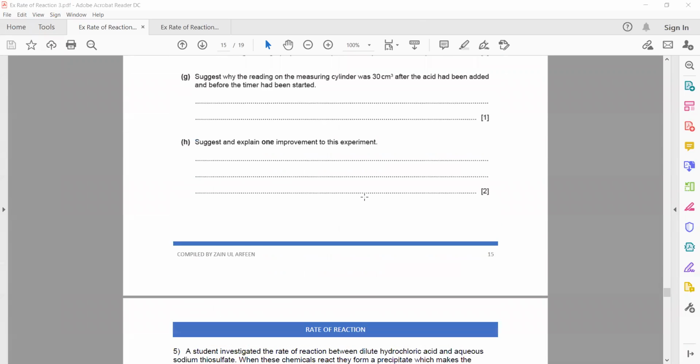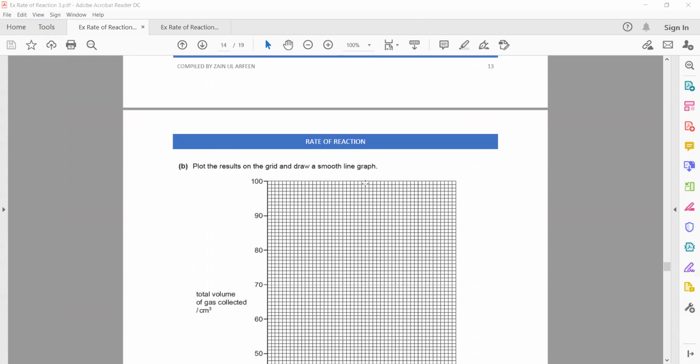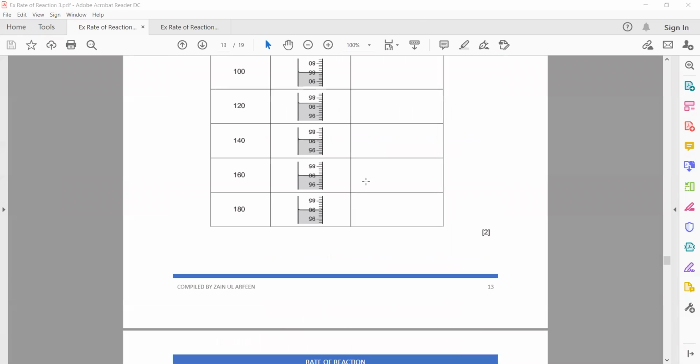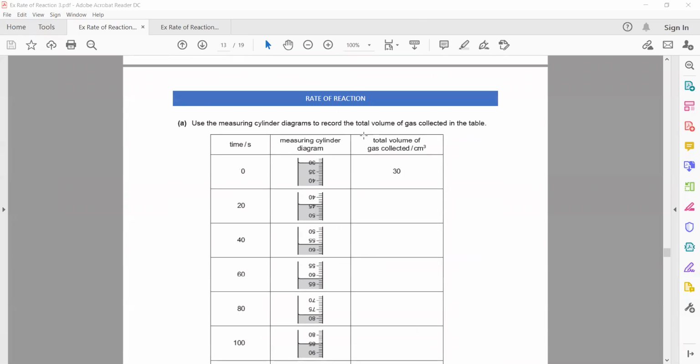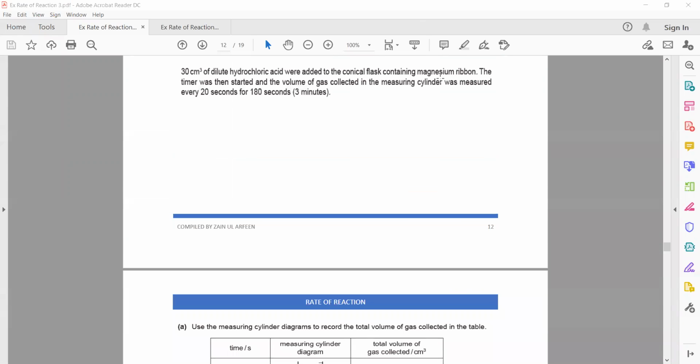Why are the readings upside down if it's a measuring cylinder? It is an inverted measuring cylinder. For example, if you have a measuring cylinder, you will find 10, 20, 30, 40 and so on.